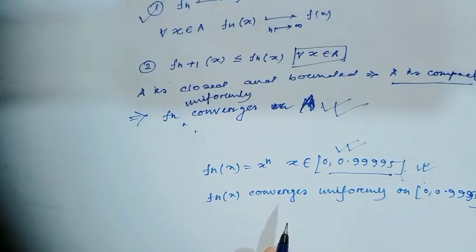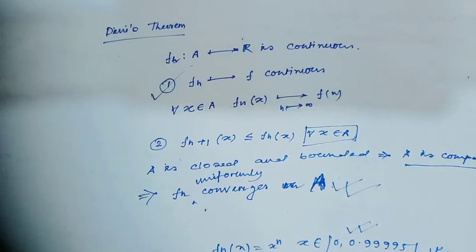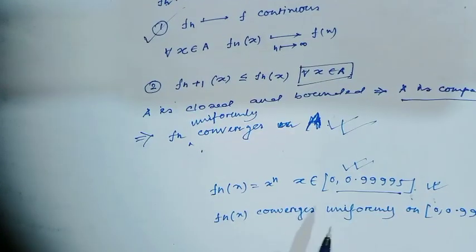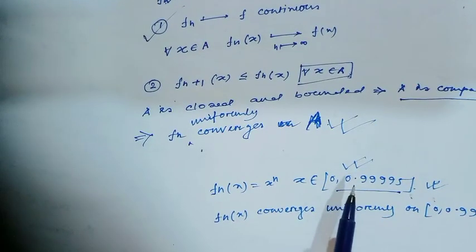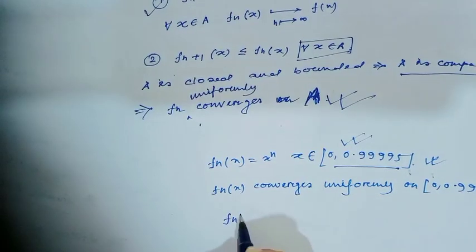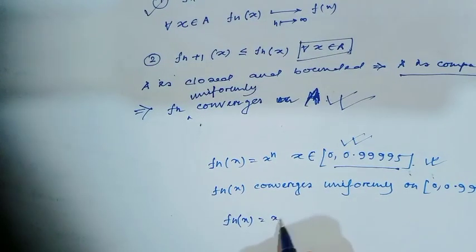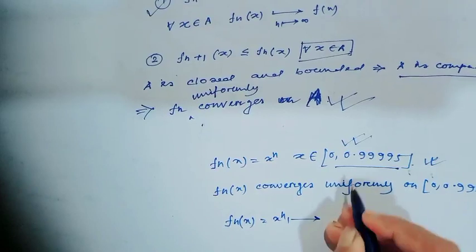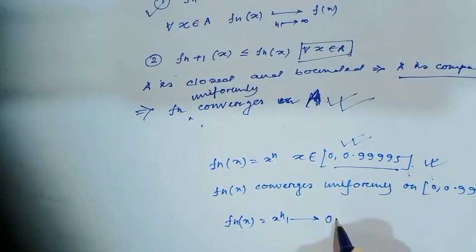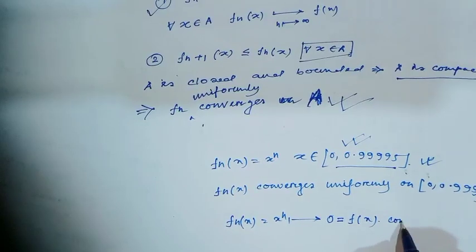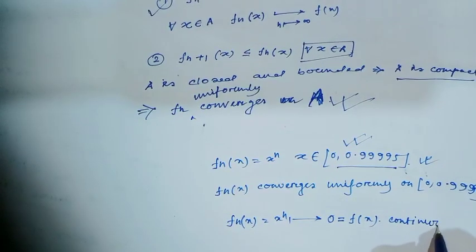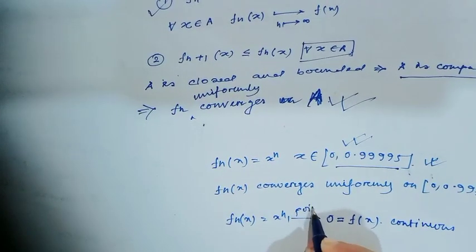That means we have to verify all conditions of Dini's theorem, and Dini's theorem is applicable because the interval is closed and bounded. Obviously this sequence of functions x to the power n, as we all know, in this interval converges to 0, which is obviously a continuous function, and this convergence is pointwise.